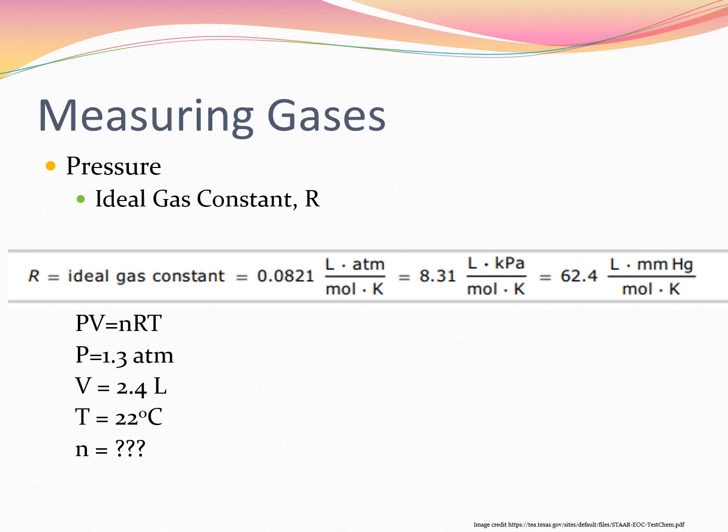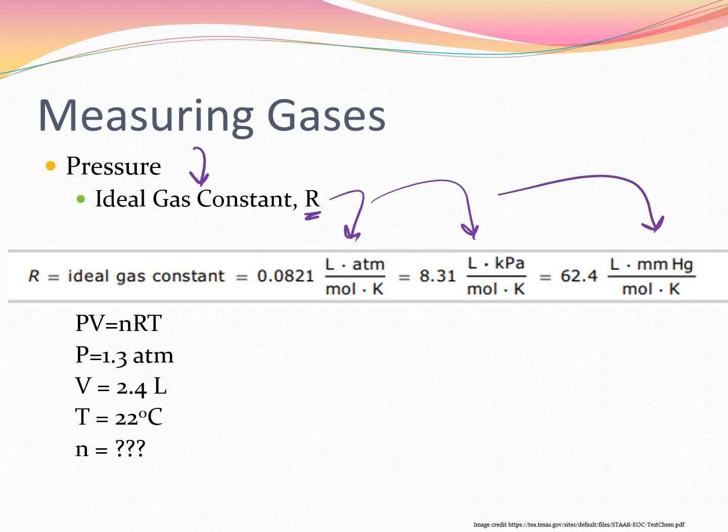When we do calculations with pressure, sometimes we're going to need this ideal gas constant, which we label with R. What's kind of weird about the ideal gas constant is that usually when we say constant, we mean it stays the same. Notice, and this is on your handy-dandy periodic table list of constants and conversions, we have 3 different R's.